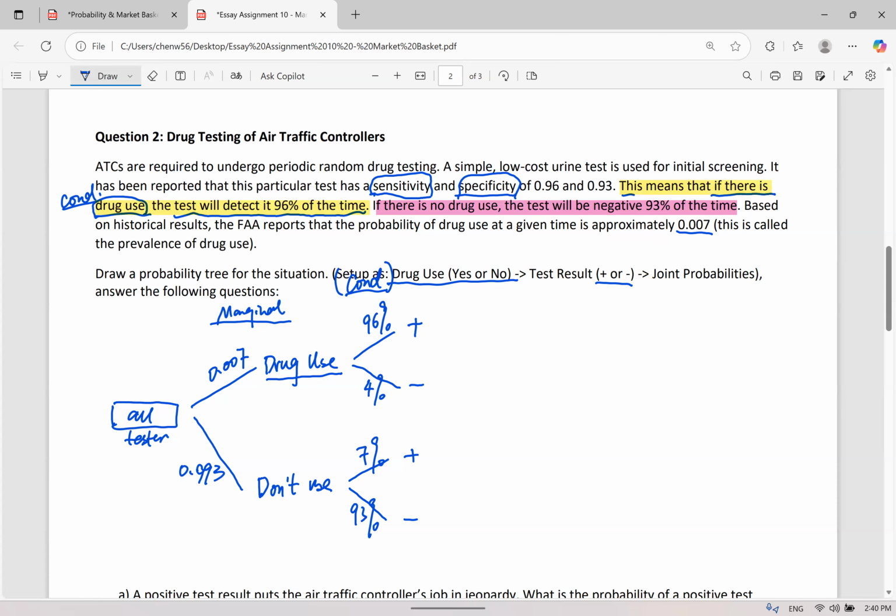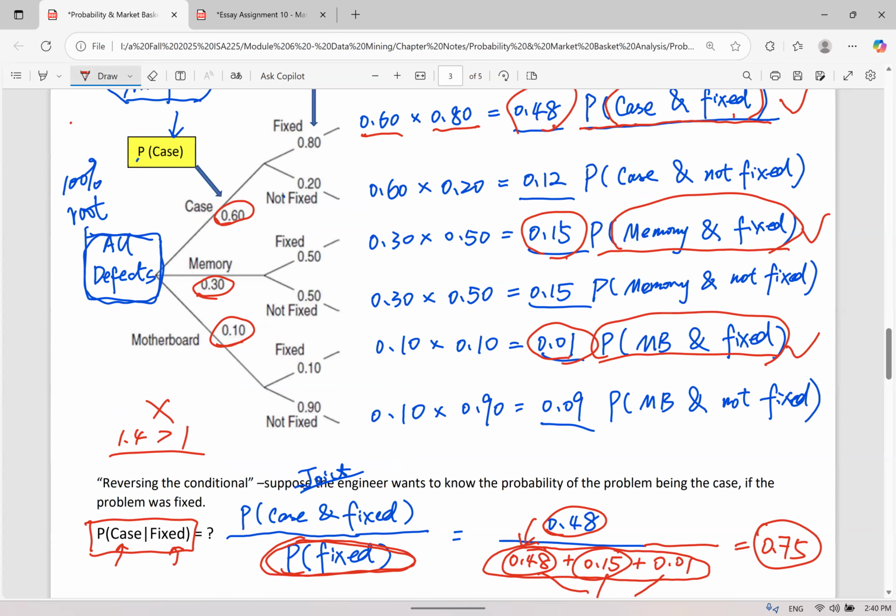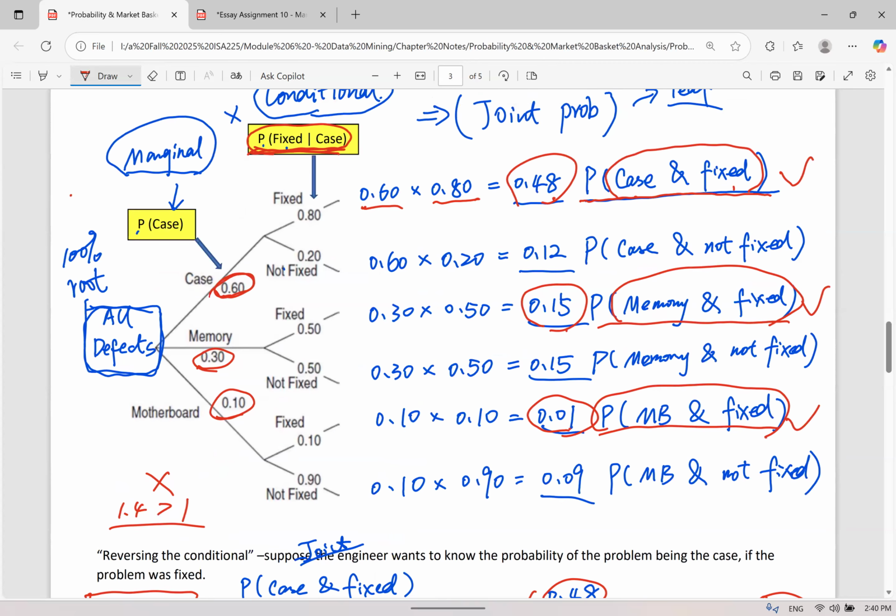And then we need to go one more step to get their corresponding joint probability. So how do we get the joint probability? We use the marginal times the conditional, so that we have the joint.